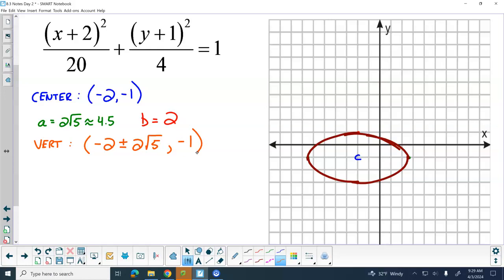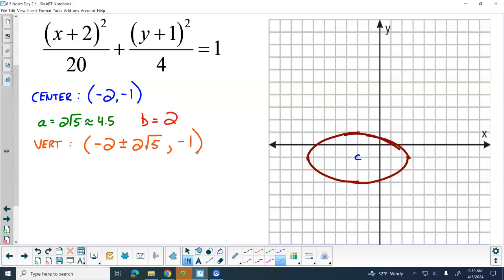You would add the b value to the y part if it was stretched out vertically. It would have been (-2, 1) and (-2, -3). But because it's stretched out horizontally, we have to add that to the x part. In that case, write it out, because you can actually do -1 plus 2, and it looks much nicer than this.